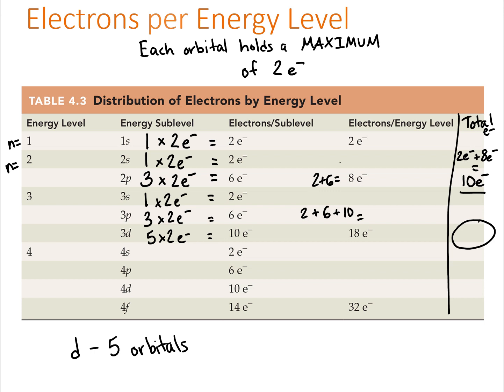If we have all 3 energy levels filled, we're adding the n equals 1 plus the n equals 2 electrons plus the n equals 3 electrons. So it would be 2 plus the 8 plus the 18. So we've got 28 electrons here. Does that make more sense?